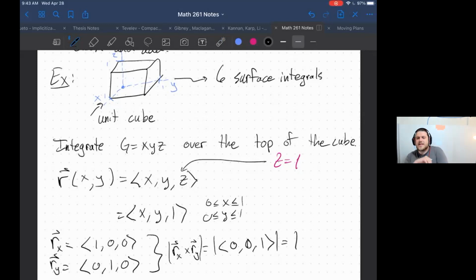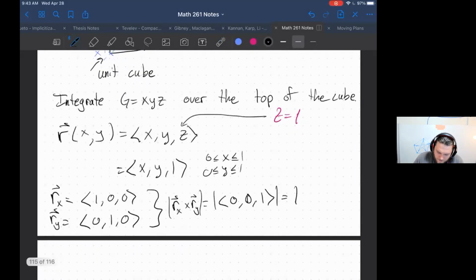Altogether, we get a scaling factor of 1, meaning we're in the right coordinates and we don't have to worry about it too much. We're using nice parameterizations of our coordinates. We're not shifting or scaling or anything like that. So great.